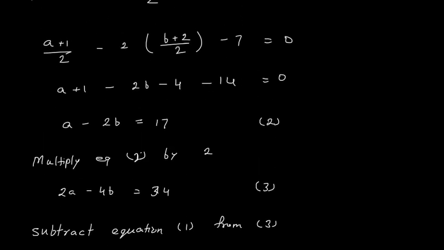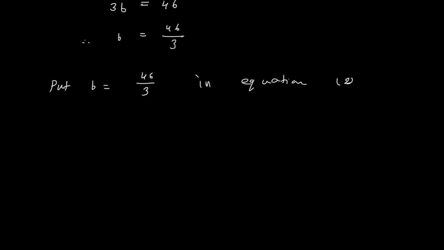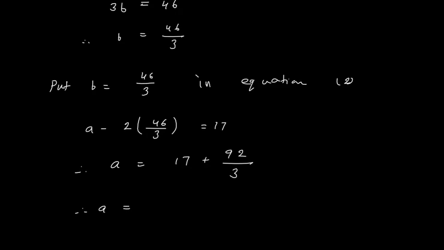So therefore a is equal to 17 plus 2 times 46 by 3, which is 92 divided by 3. So therefore a is equal to 17 times 3 is 51, plus 92 divided by 3, is equal to 143 divided by 3. Okay, so the value of a is 143 divided by 3.